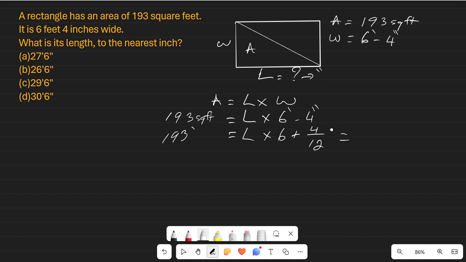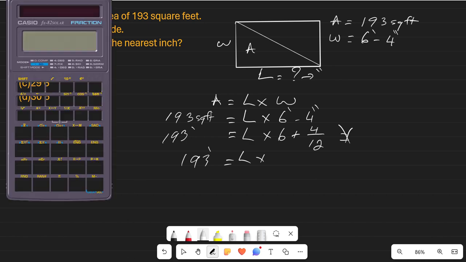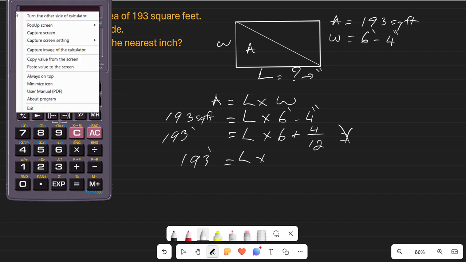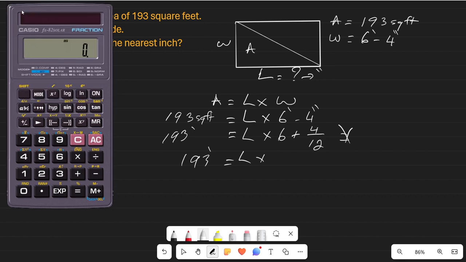Okay, we write down over here 193 square feet and length. What we're going to find, we just go to the calculator.